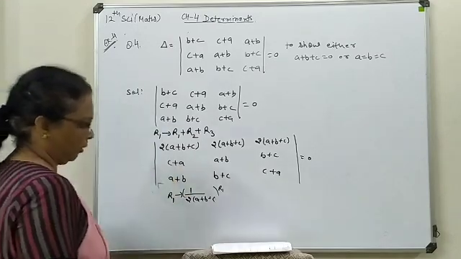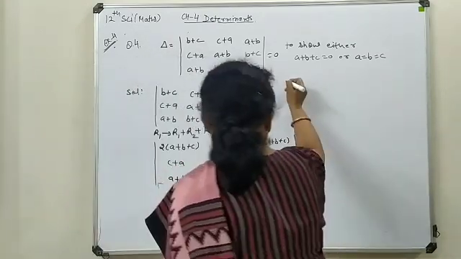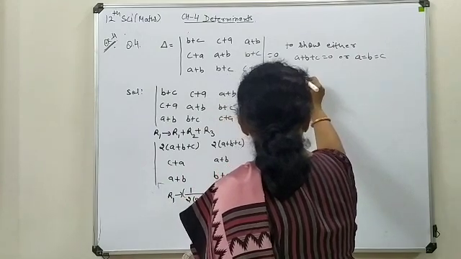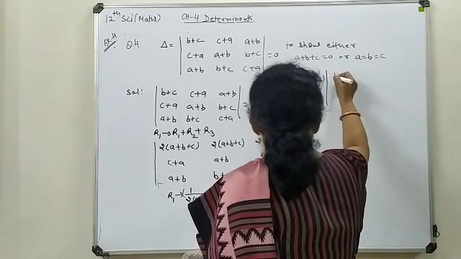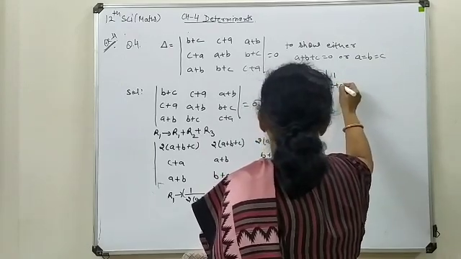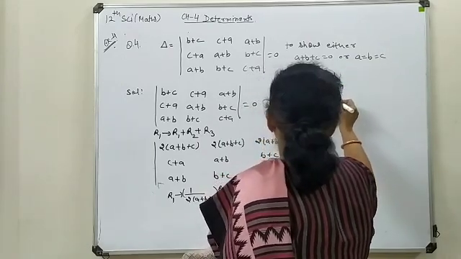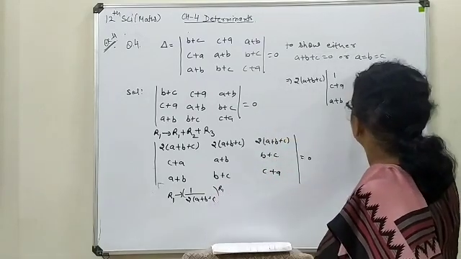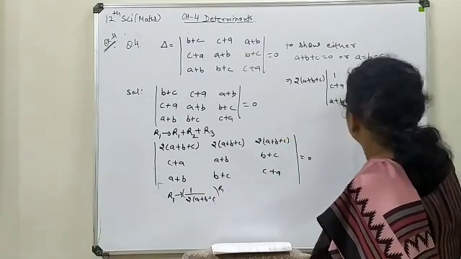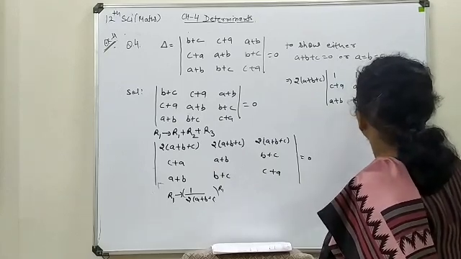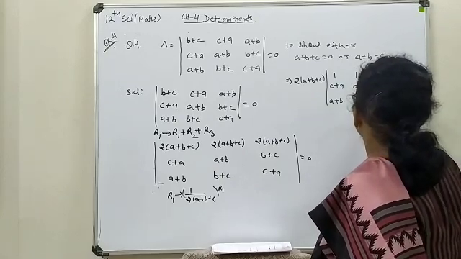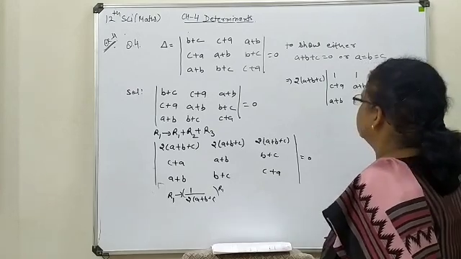So on taking it common, your determinant will be turned as 2 times a plus b plus c times the determinant with first row 1, 1, 1. The remaining rows you will write as such: a plus b plus c, b plus c, 1; b plus c plus a, and that is equal to 0.